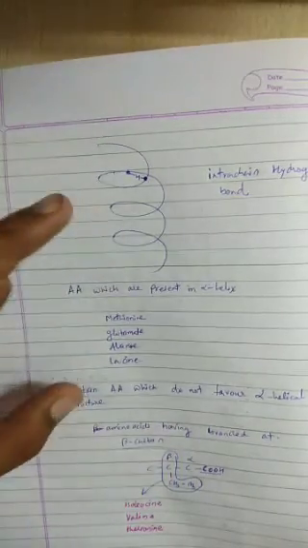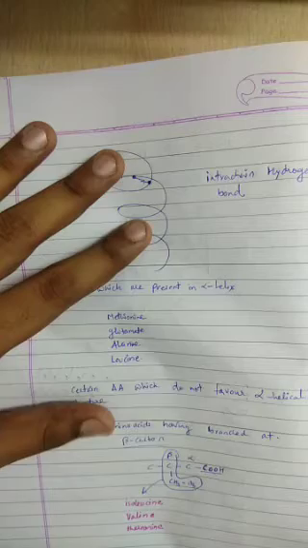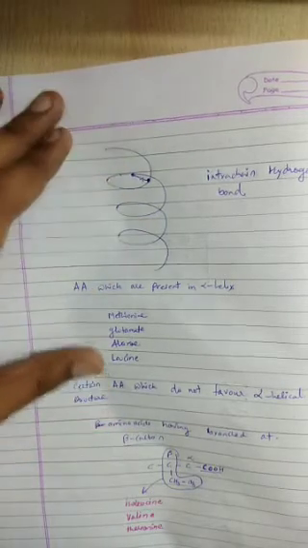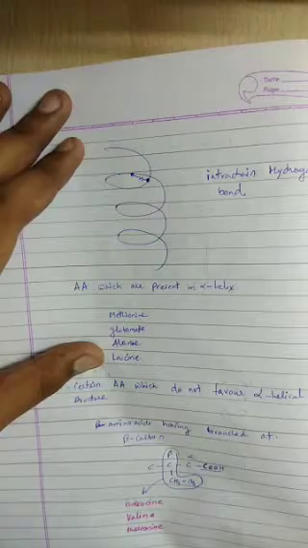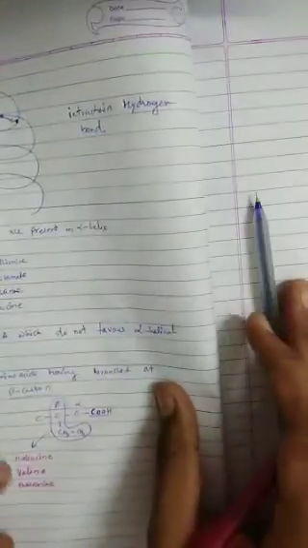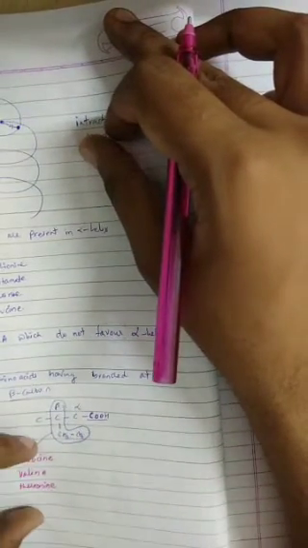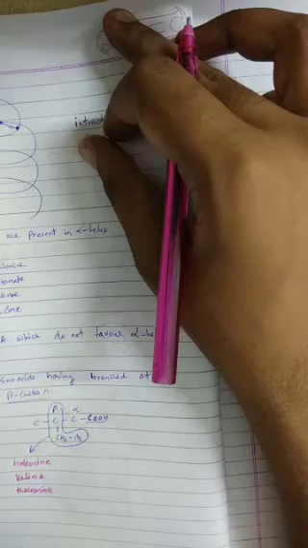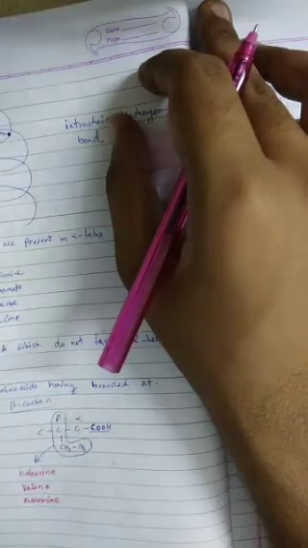They do not favor this type of helical structure. They are always absent in this alpha helical structure.